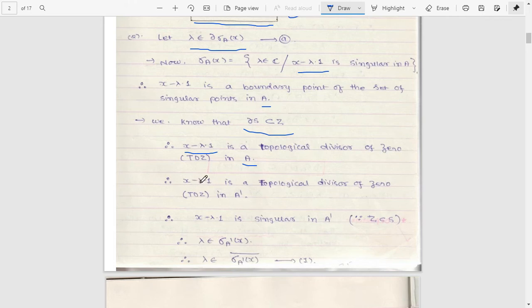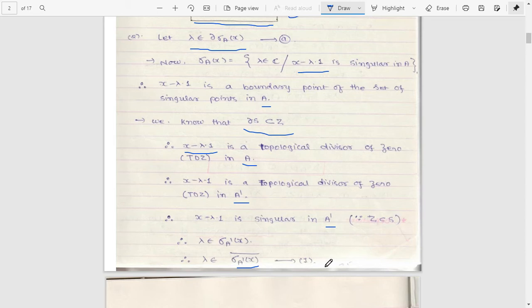So x minus lambda into 1 is a topological divisor of 0 in A dash. So x minus lambda into 1 is singular in A dash. So lambda belongs to sigma A dash of x and lambda belongs to its closure.